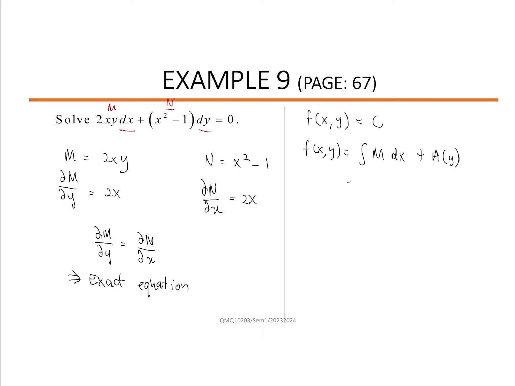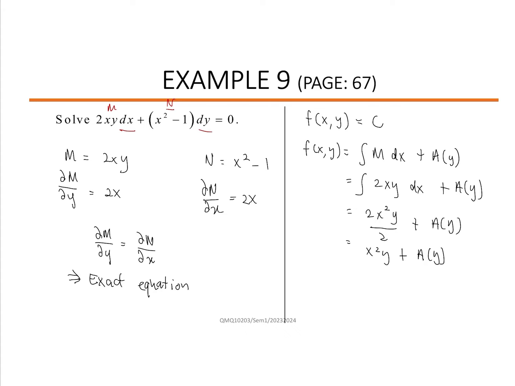So the integral of M with respect to x is the integral of 2xy dx plus A(y). When we integrate with respect to x, y is just a constant. So we have 2x squared y divided by 2 plus A(y), which gives x squared y plus A(y).